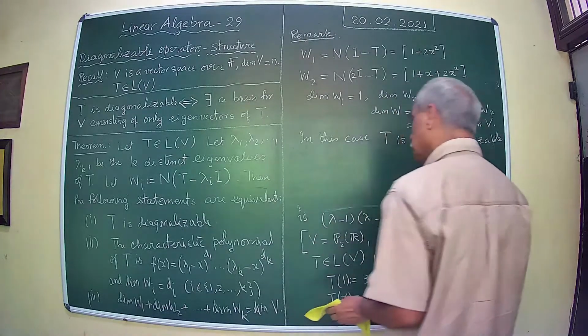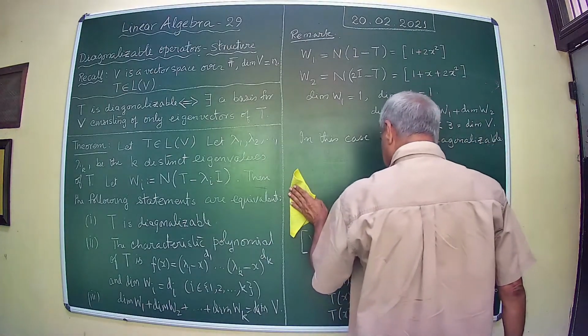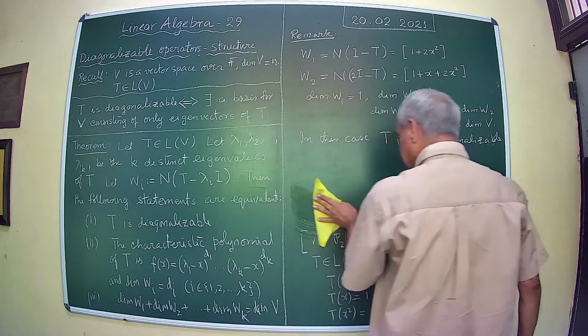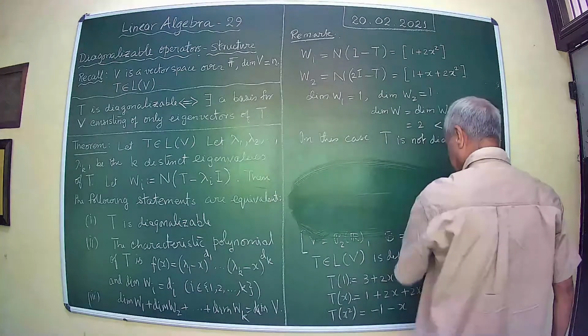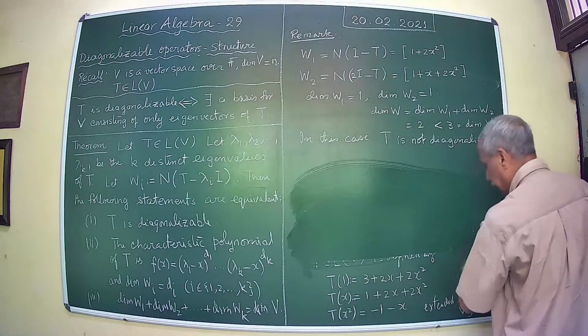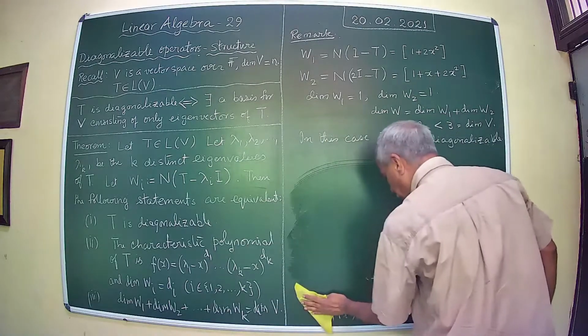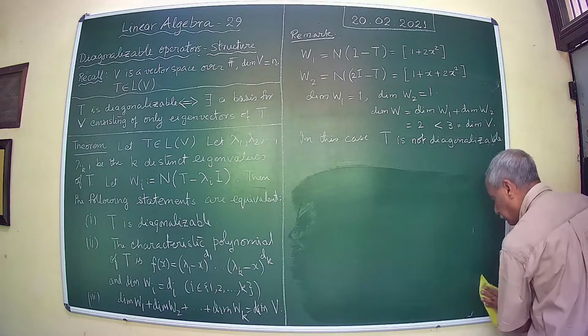The eigenvalue 2 has algebraic multiplicity 2, but the geometric multiplicity is not equal to the algebraic multiplicity. That's the problem.